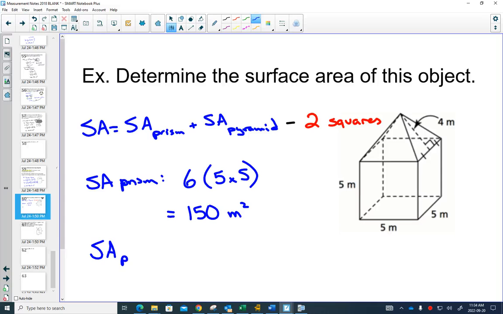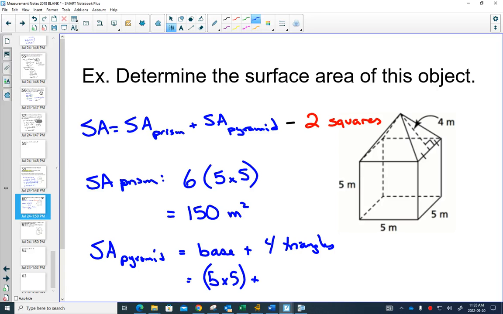The surface area of my pyramid. Again, that's not on our formula sheet. So how do we figure out the surface area of our pyramid? We have a base plus 4 triangles. The base is 5 times 5 because it's a square.